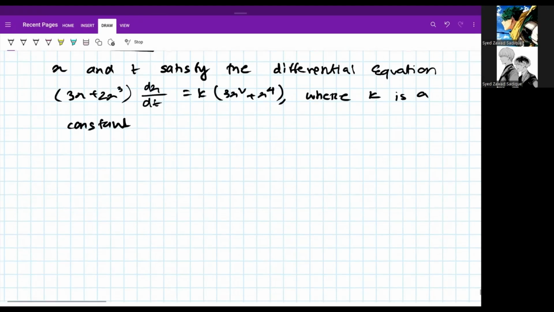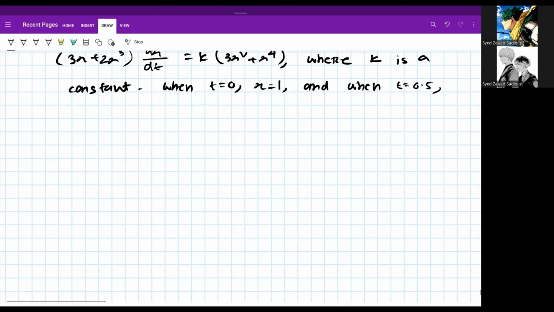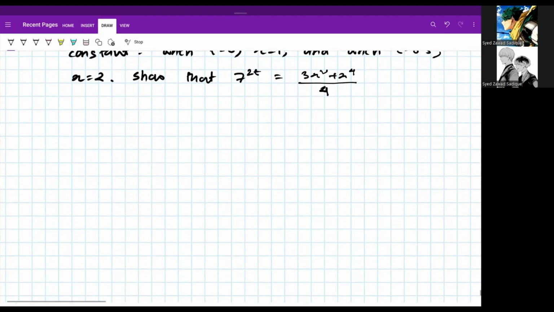When t is equals to 0, x is equals to 1, and when t is equals to 0.5, x is equals to 2. Show that 7 2t is equals to 3x squared plus x to the power 4 by 4. This is one of the hardest differential equations that I found. Of course, there are harder ones. This is very tricky, so let's do it.